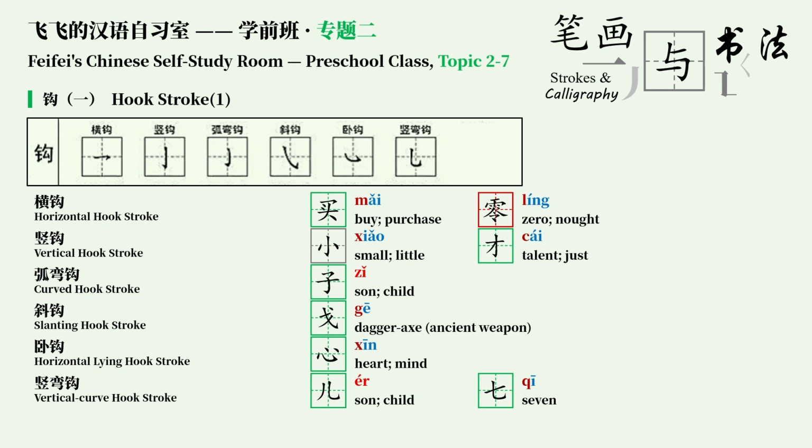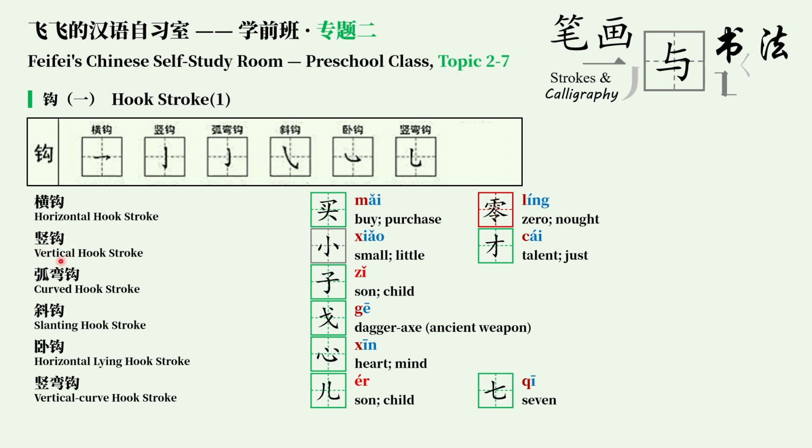Write from top to bottom, left to right. Draw left falling strokes before right falling strokes. Horizontal strokes before vertical strokes. Write the outer part first, then the inner part. The middle part first, then the two sides. And the inner part first, then close the frame.